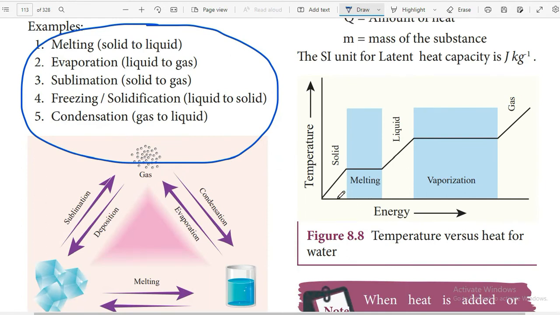Now what happens? First it is in the solid state. We continuously apply heat. Before melting into liquid, it will remain at the same temperature for some time. Say for example, this is 5 minutes, this is 10 minutes, this is 15 minutes, this is 20 minutes, this is 25 minutes.